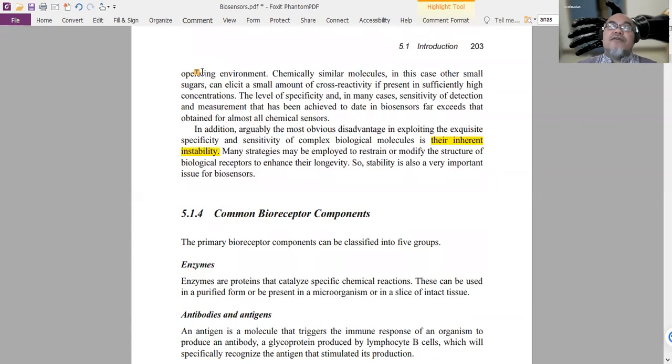Therefore, if you purchase, for example, a glucose sensor in any pharmacy store, usually the permanent part is actually the electronics. The strip, the element where the enzyme, the GOD, is immobilized to recognize the glucose, is usually provided as strips, and the strips are one-time use.